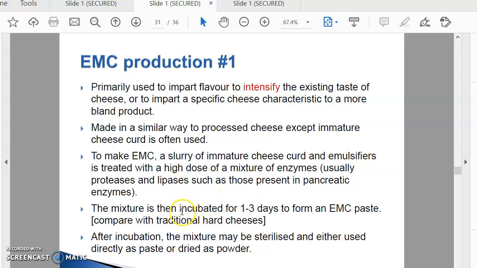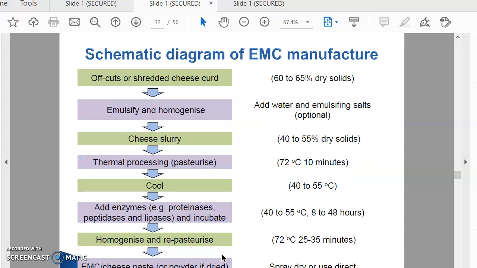It is incubated for only 1 to 3 days instead of years as with hard cheese. After incubation, the mixture may be sterilized, so it can be kept longer, and used as a paste, for example the KFC cheese sauce, or powder. Sometimes you can buy cheese powder to use in crackers, biscuits, and so on.